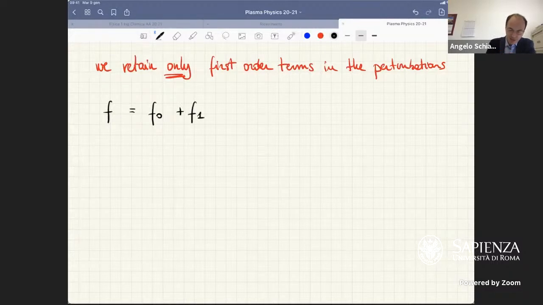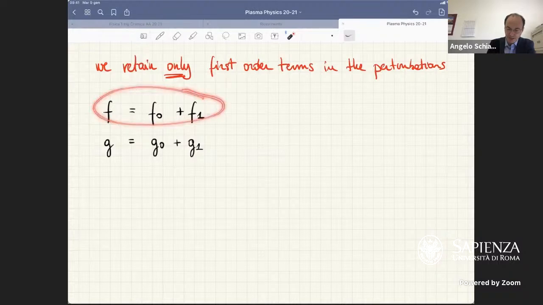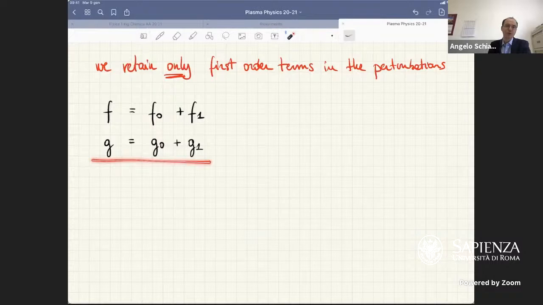And then maybe another quantity that we call G, which is going to have its own equilibrium value plus the perturbation. As I told you, this could represent density, so this is the perturbation on the density, and this could be pressure. So G1 is going to be the perturbation on the atmospheric pressure for an acoustic wave.